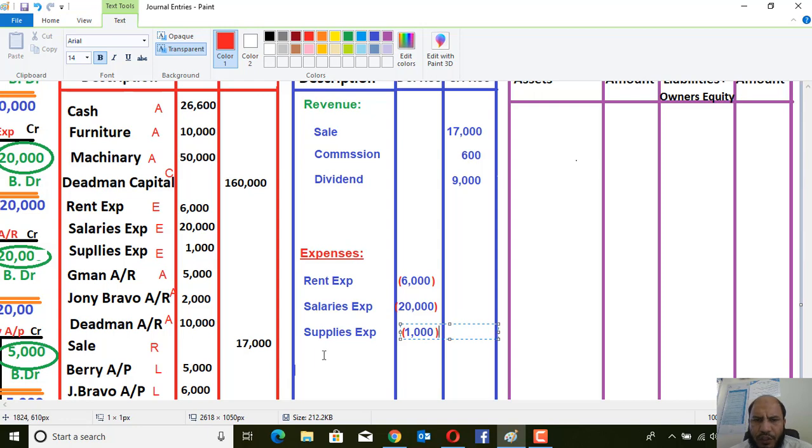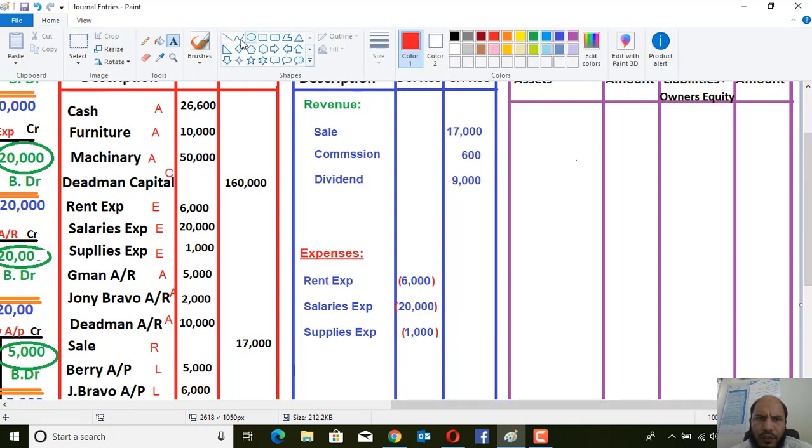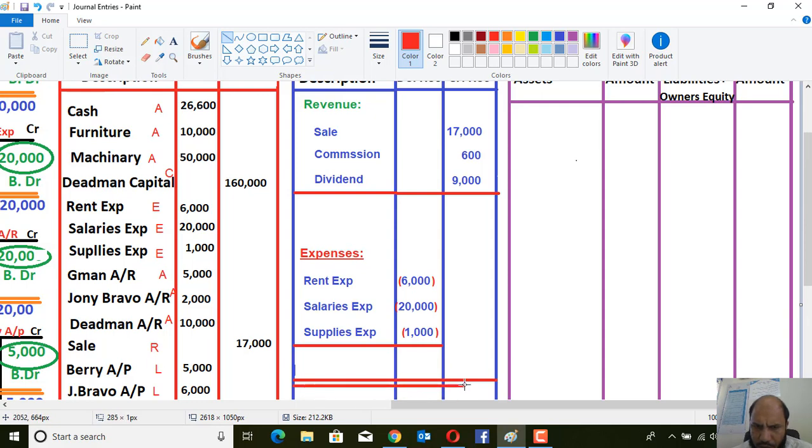Okay, very good. Now we will take the total of these expenses and the total of this revenue, and then we will deduct expenses from the revenue of the business. So we will close this with 2 lines.